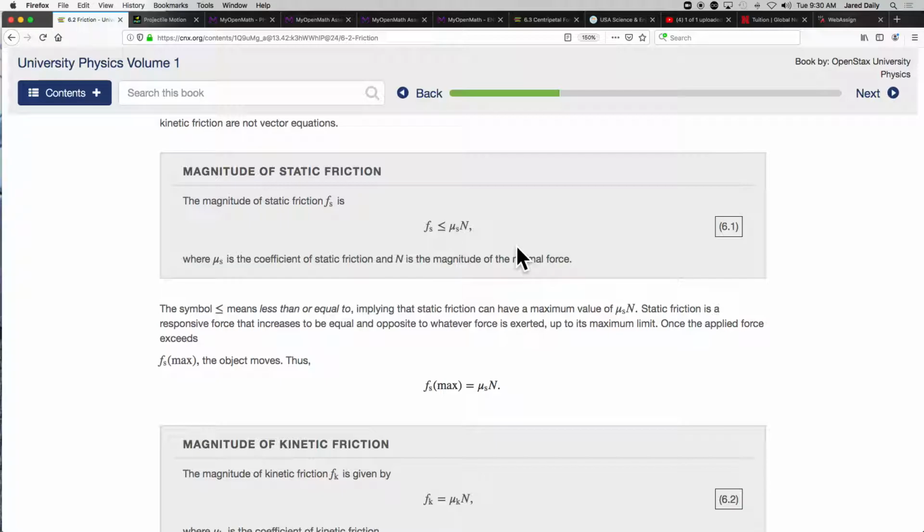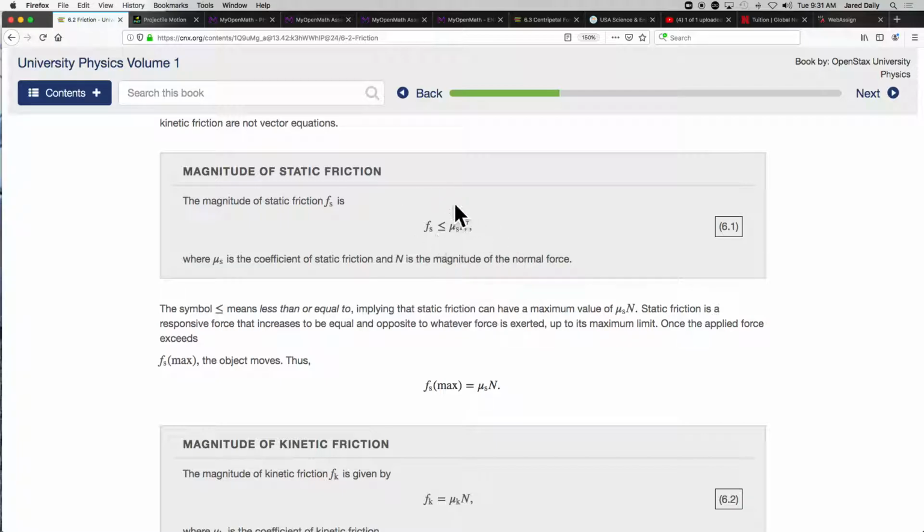But eventually I will push it hard enough that it will start moving, and it'll actually be easier to push it a little bit. Not much, but a little bit. And so this thing can provide up to a certain amount of frictional force to keep itself from moving. But once I get above that amount of frictional force, then it starts to move.